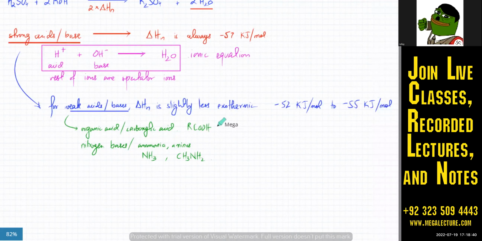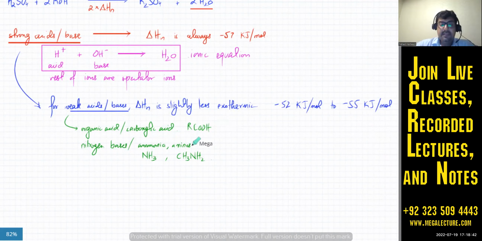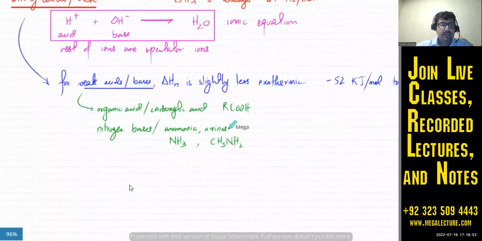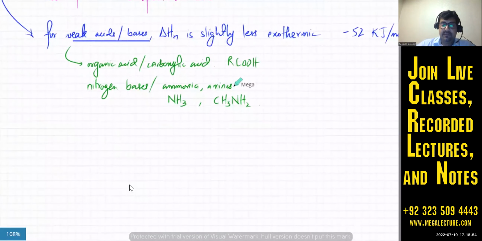Weak acids ionize partially. Okay, so energy is needed to ionize them. If you have a strong acid, it will produce a lot of H+ ions itself. You don't have to do anything. But a weak acid will not produce H+ ions; they ionize partially. So the reason for it being less exothermic is that energy is needed to ionize them.